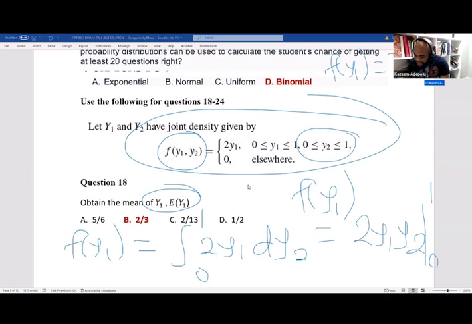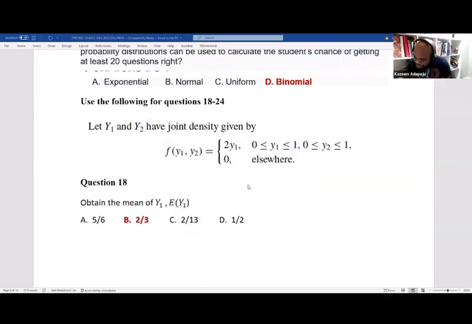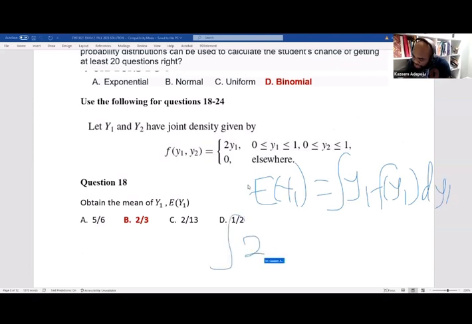After getting that, I can now find the mean. What is the expectation of y1? It is the integral of y1 times f of y1 dy1. Don't forget y1 f of y1 dy1.